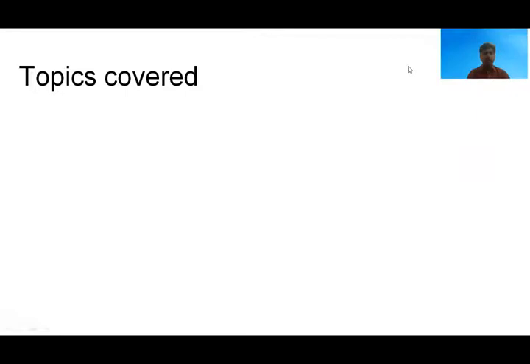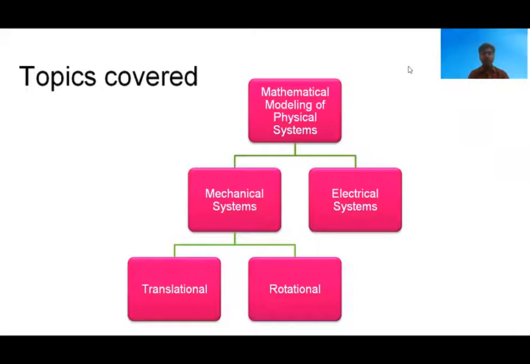Before going to learn about electrical analogous of mechanical systems, let me recall what we have discussed in the previous video. In the previous video, we discussed the various components of mechanical translational and rotational systems and their mathematical expressions. Therefore, we derived the transfer function of the given mechanical translational and rotational systems.